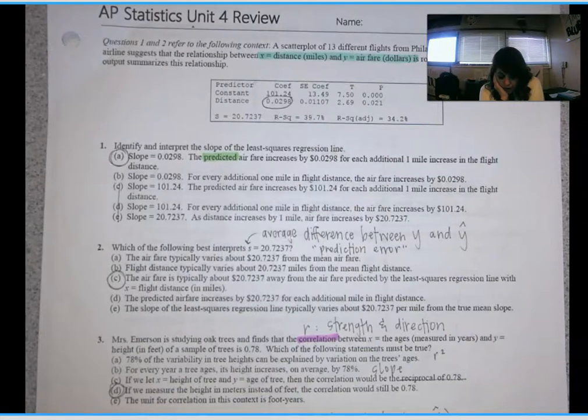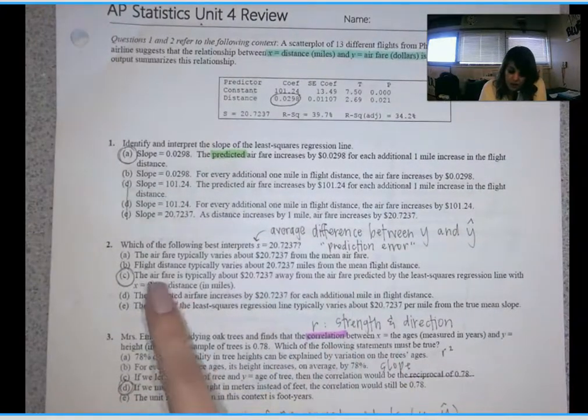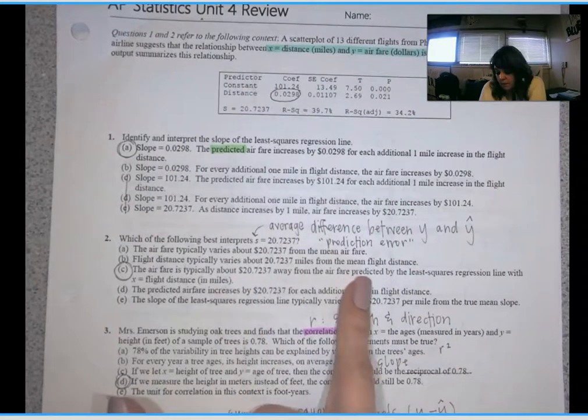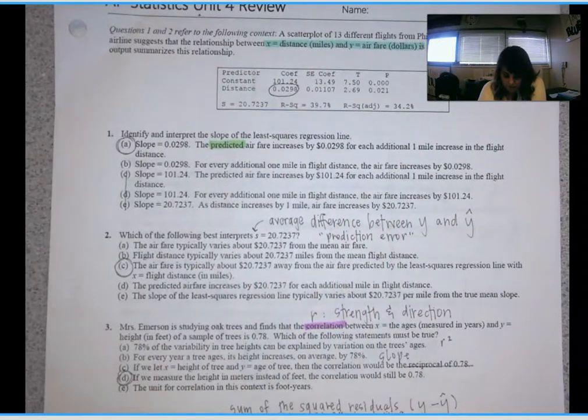So we have the word typically, which we're always looking for, and then it doesn't use difference or distance, but it says that the airfare is about $20 away from the predicted airfare. So actual airfare is about $20 away from predicted airfare. So that's essentially what I have written here.